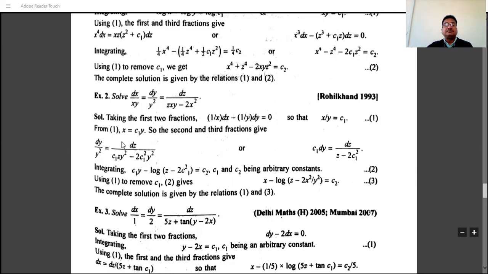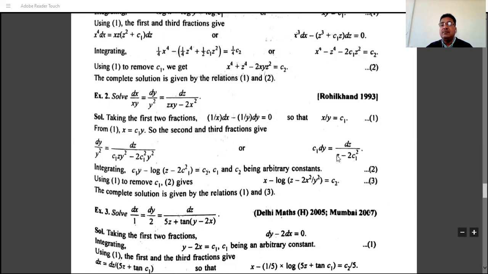And so we have this after simplification, after separating the variables, that is, shift all the z functions to the RHS and y functions to the LHS, and then integrating. So c1 dy integration is c1y, minus, after shifting it to the right side, log z minus 2c1 square.